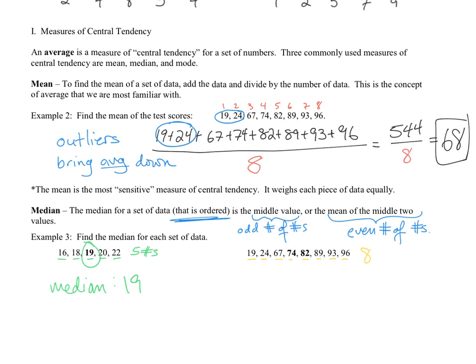So we will take 74, add 82, and then divide that all by 2. So 74 plus 82 is 156. And when you divide 156 by 2, you will get 78. And that is your median for this list of numbers. Now, why is it important to know the difference between these two? We'll get to that on the next slide.